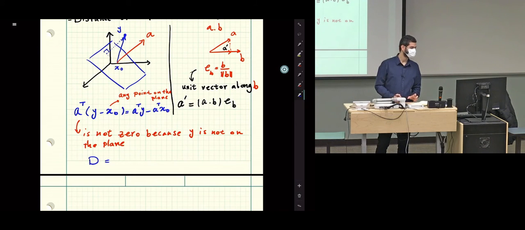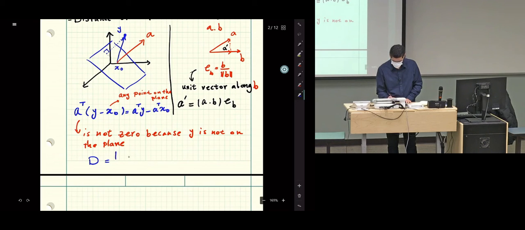Now we're talking about distance. It could be signed distance if you do not take the absolute value like I'm going to do, because it matters if you are on top of the plane or below the plane. You can get a signed distance. But let's make it just the magnitude. So the distance is A transpose. And remember, this is D.